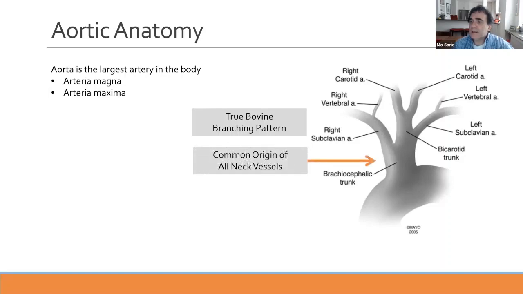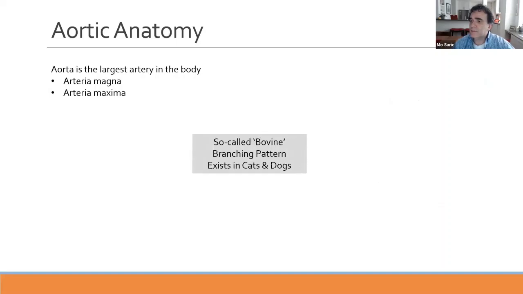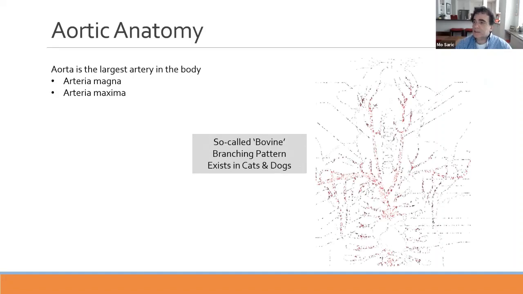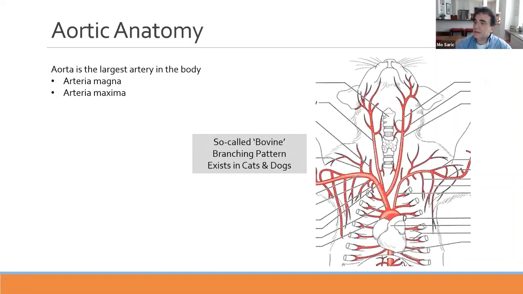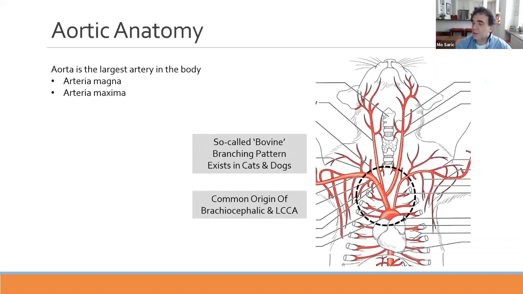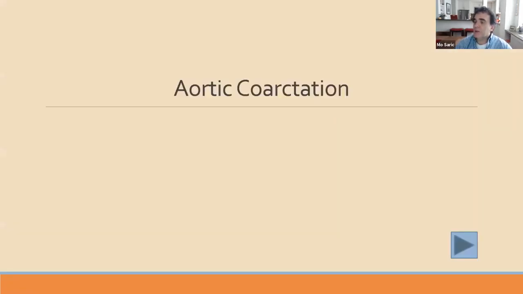So we can say that cows have a common origin of all neck vessels. The so-called bovine branching pattern actually exists in cats and dogs, and this is a rendering of cat anatomy, and you can see there is a common origin of the brachiocephalic and left common carotid artery in the so-called bovine pattern. But actually, we should probably call this a feline pattern of branching.